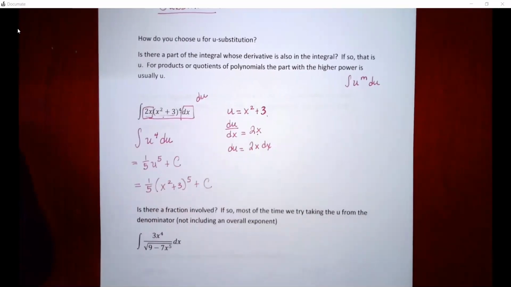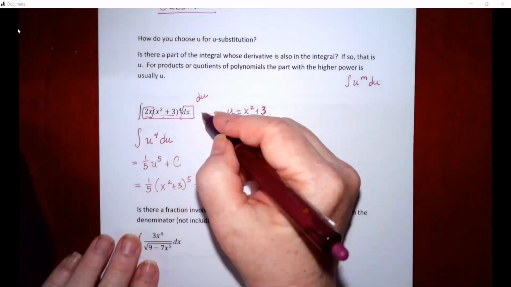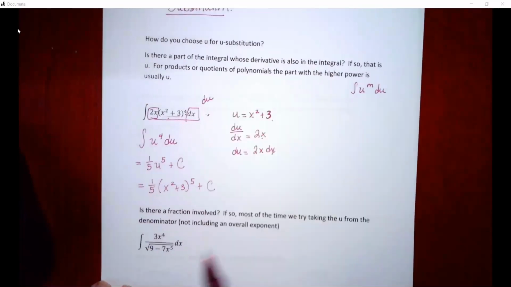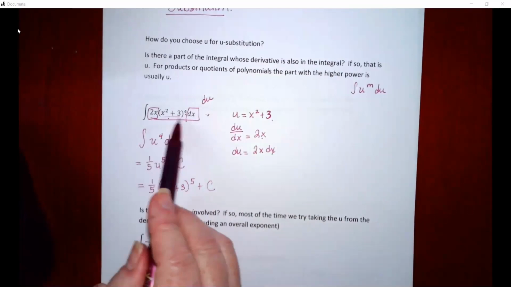Now, we haven't done this up to this point, but could we check our answers? Well, sure you can. If this is the indefinite integral of this function up here, if I take the derivative of this function, I should just get the integrand part.